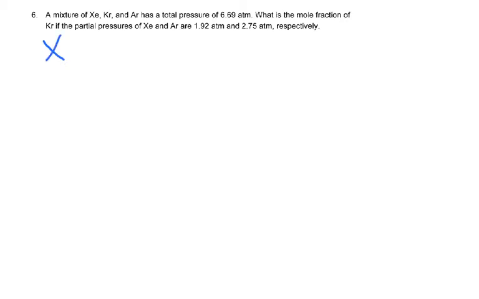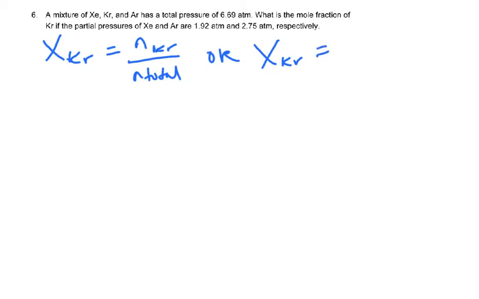So let me write that equation. The mole fraction of krypton is going to be equal to the number of moles of krypton over N total, or we can think of the mole fraction of krypton as being equal to the partial pressure of krypton divided by P total. So those are our two options for finding a mole fraction.